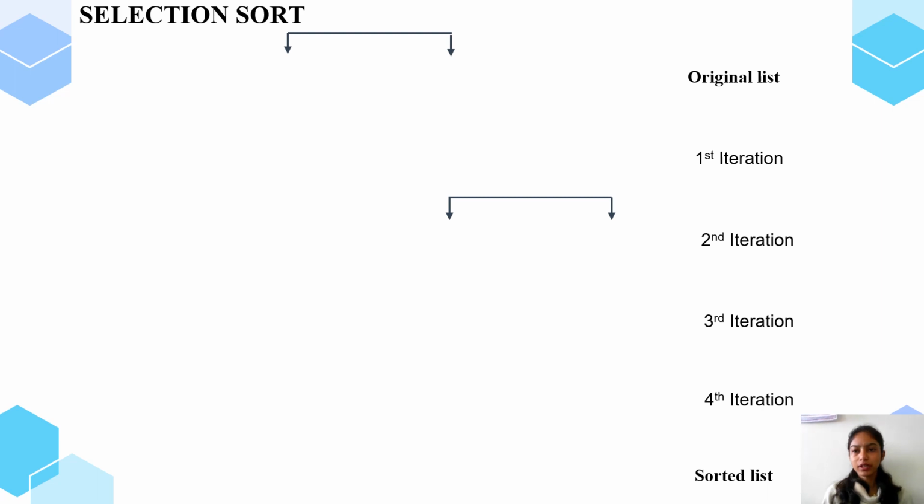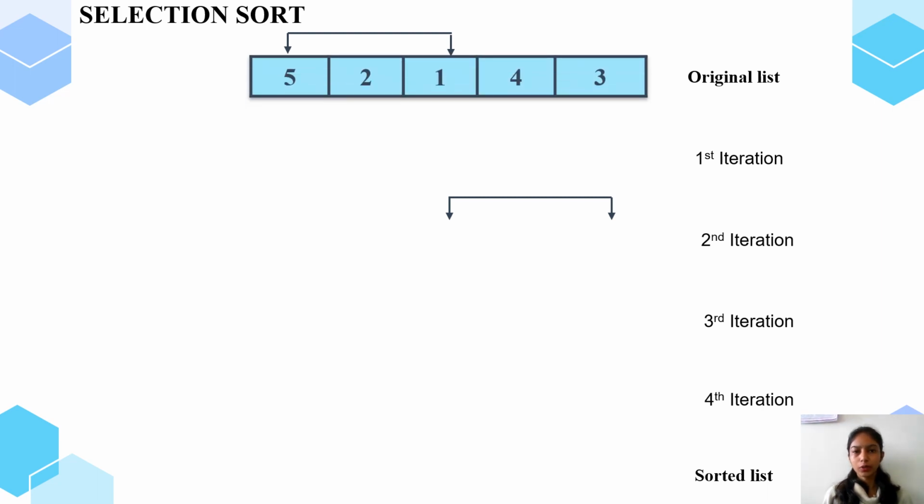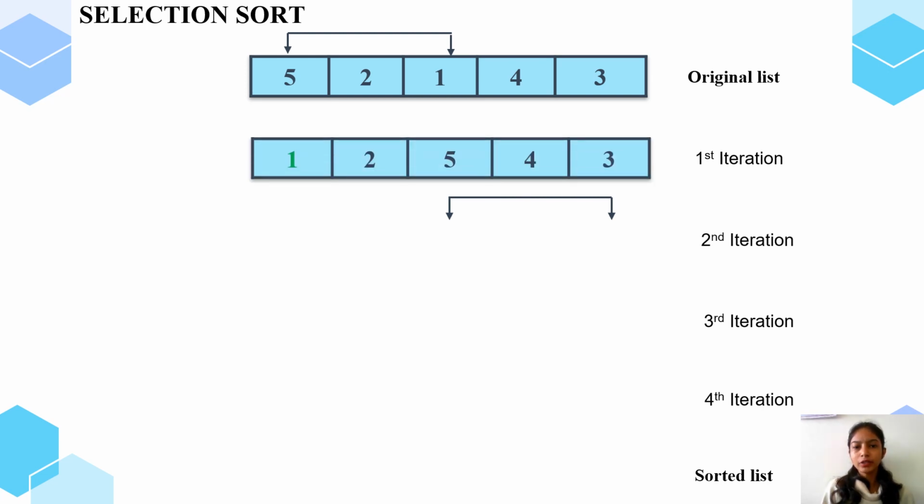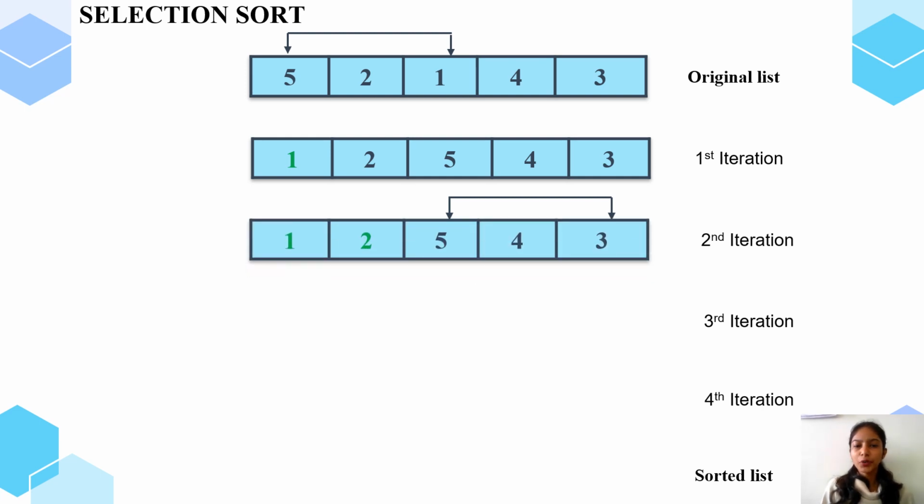Selection sorting summary: the original list is 5, 2, 1, 4, 3. In the first iteration, we swap 1 and 5 and it becomes 1, 2, 5, 4, 3. Here 1 is sorted. In the second iteration there is no swapping, so the list is 1, 2, 5, 4, 3 and 1, 2 is sorted.